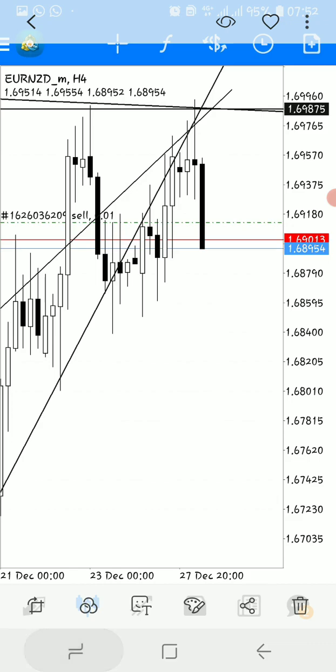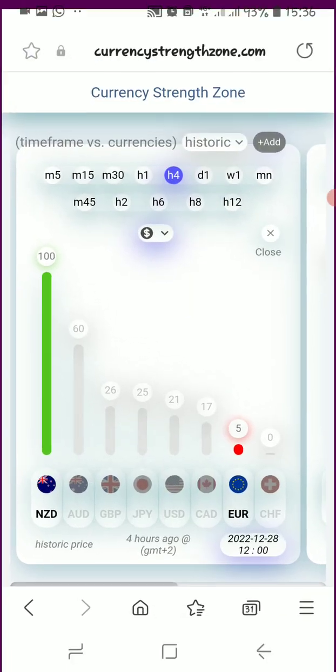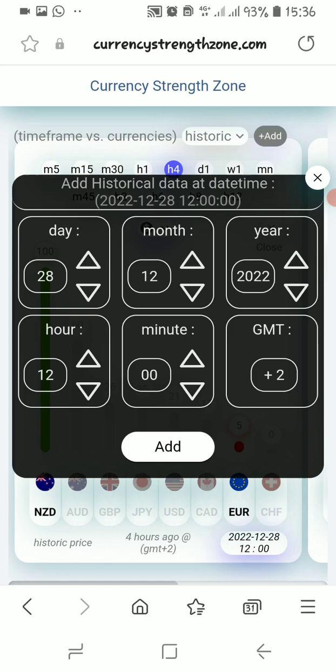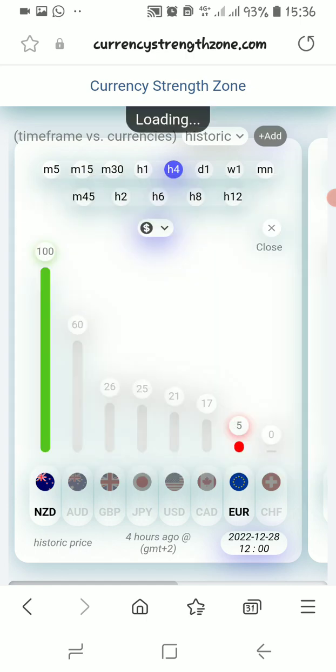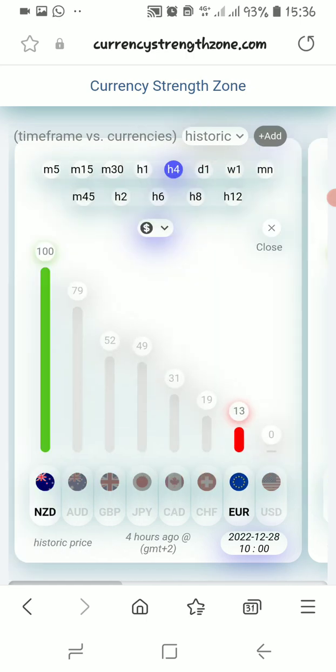So let me check the historical data, which is 10. So that is it. I opened the trade exactly around this time, and New Zealand was 100% strong. Euro was only 13% strong.